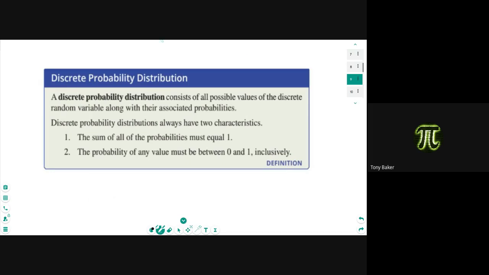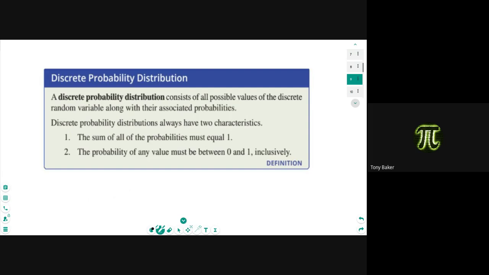Let's specifically look at discrete. And these are all going to be distributions that I could actually find the distribution for, or I'll give them to you. So, a discrete probability distribution. There's 2 very specific things that have to happen.